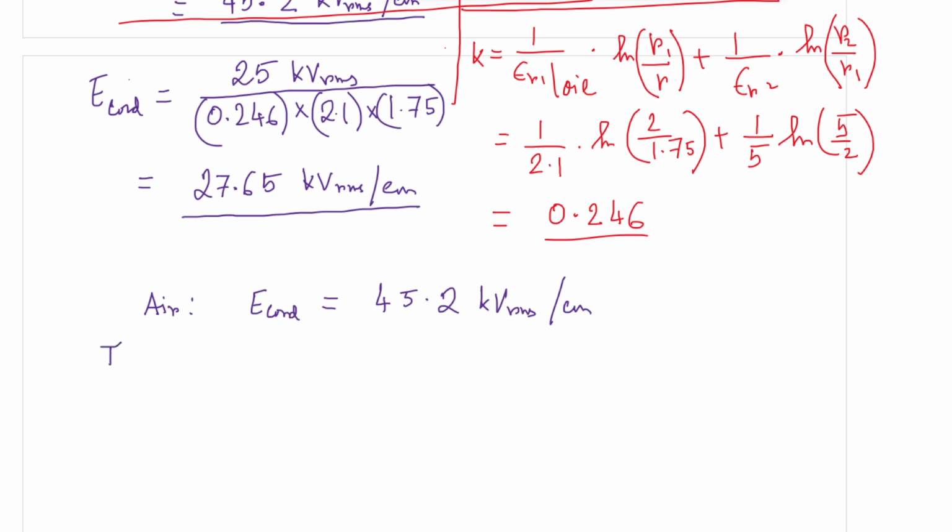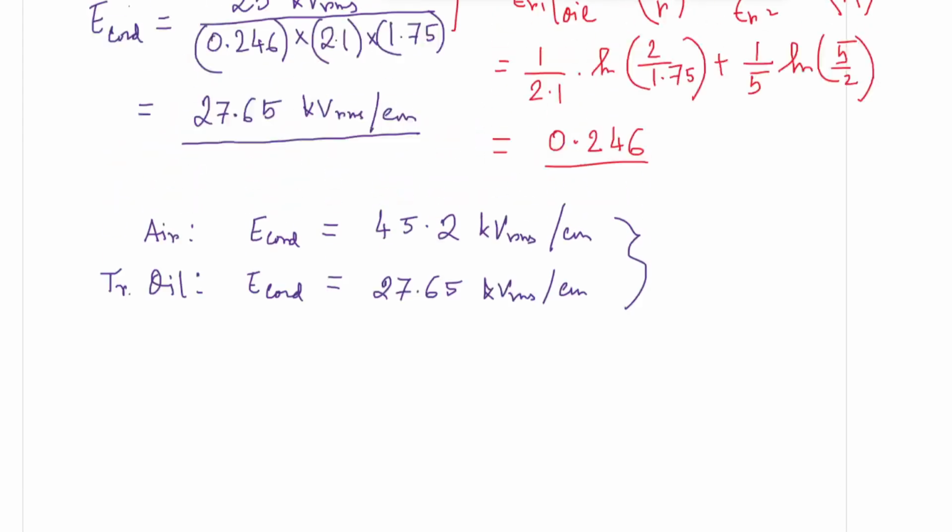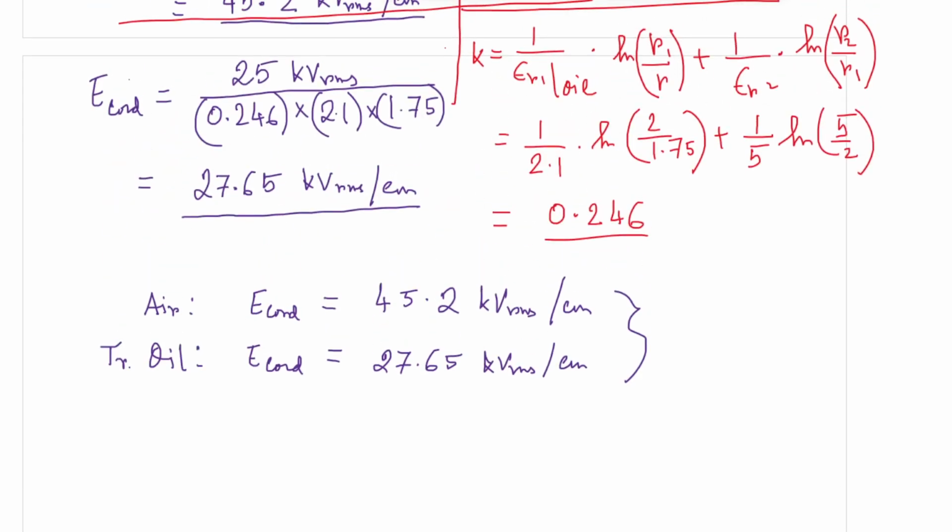And when we have transformer oil as the dielectric between the conductor and porcelain, the stress on the conductor is 27.65 kV RMS per centimeter. Now if you draw an analogy between these two, you should not expect this to happen in your system. It is strongly not recommended.